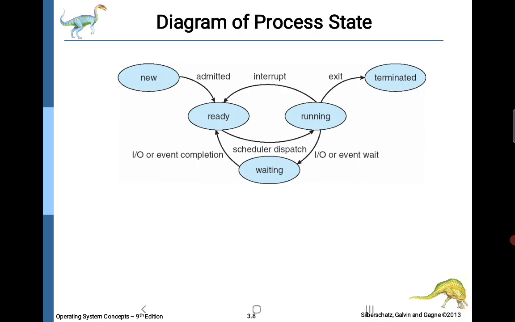A running process will either finish executing and it will exit and be terminated, or it will be waiting for an input-output event. So it won't be running anymore and it will be waiting. Upon the completion of the input-output command or event, the process will be again ready.